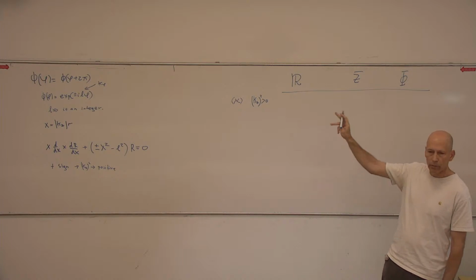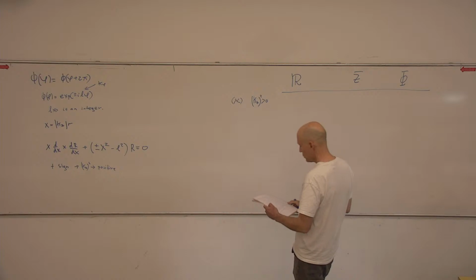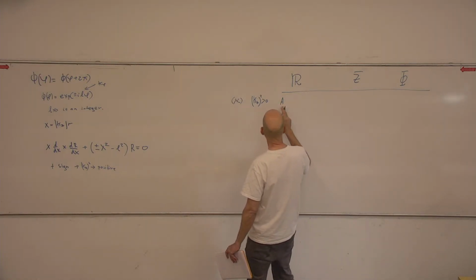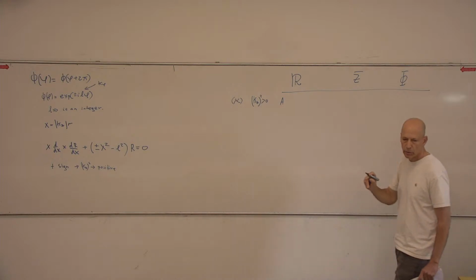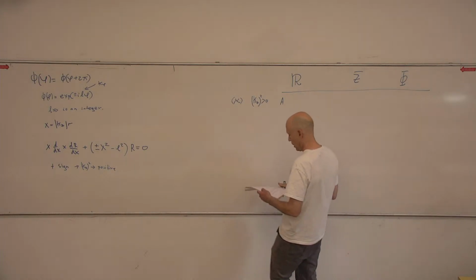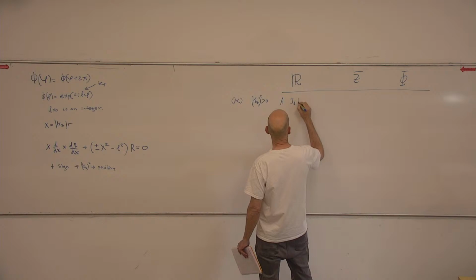This will come from the boundary conditions. We now assume that kz squared is bigger than 0, then this is some A, because that's the first letter in the alphabet. So A is some constant. It's to be determined later by boundary conditions.